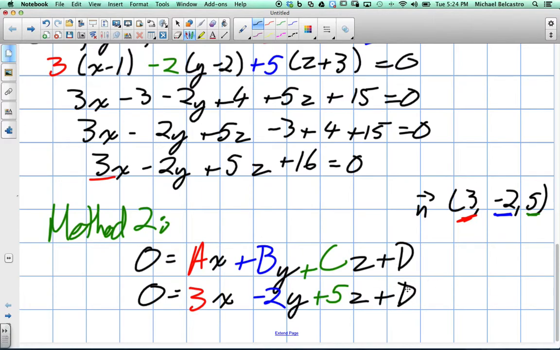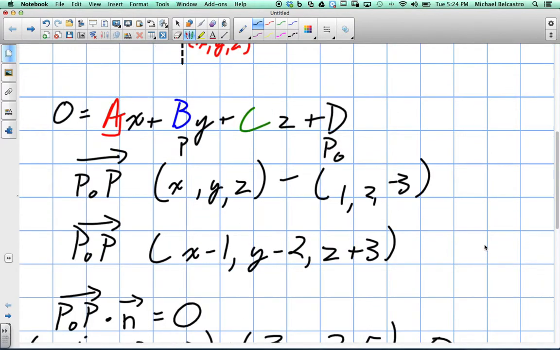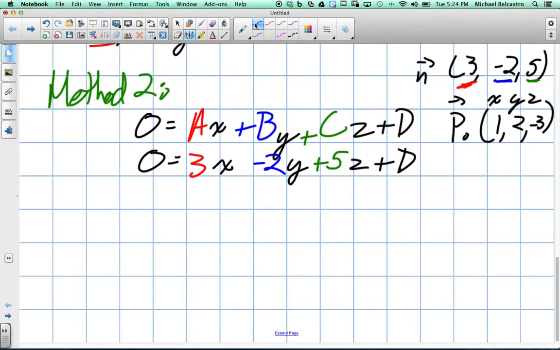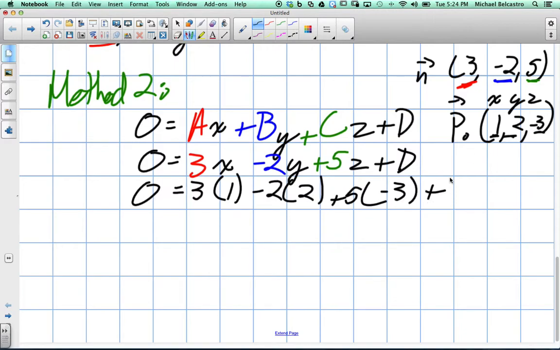Now, d is the only unknown in our method 2, so we've already done the hard part. Remember, we also had our point P0, which was 1, 2, negative 3. Those are essentially your x, y, and z values. So we're going to plug those in for the x, y, and z to isolate for d. So we get 0 is equal to 3 times 1 minus 2 times 2 plus 5 times negative 3 plus the value of d.